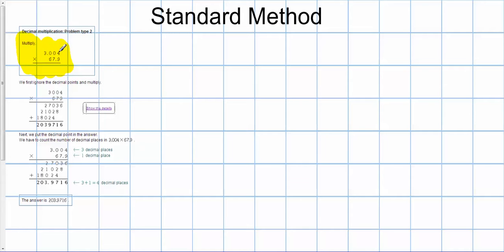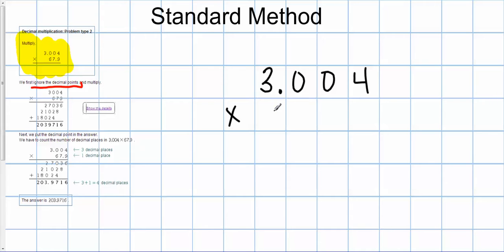The very first thing that is different when I'm multiplying with decimals is that I do not have to line up the decimal points. So notice it says we are first going to ignore the decimal points. That means when I'm writing my problem out, I'm going to say 3.004 multiplied.